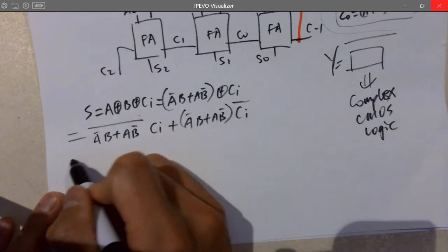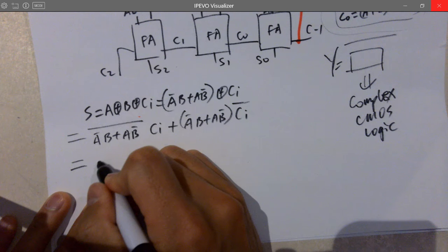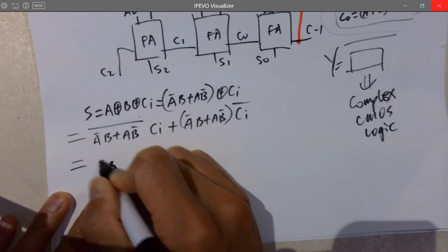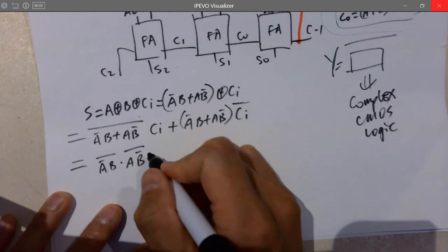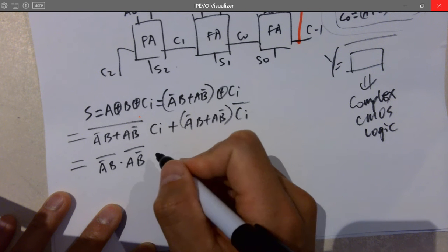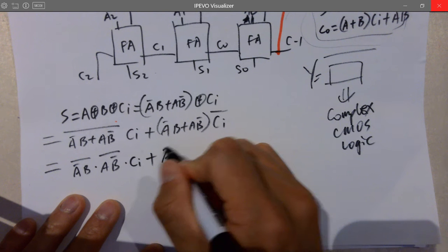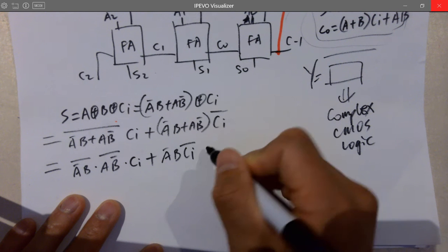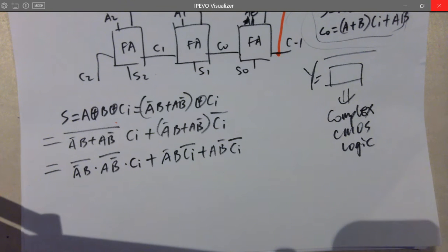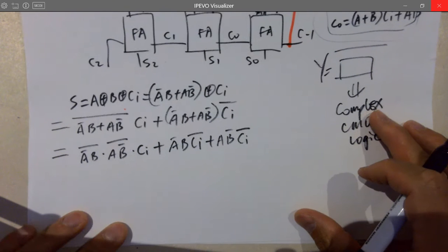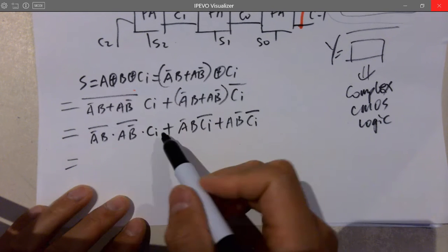Let's run through it and see what's going to happen. Now split the bar, change the sign. You're getting A not B not and A B not like this, and CI, or A not B CI not, or A B not CI not. I'm pretty sure we can simplify this part.